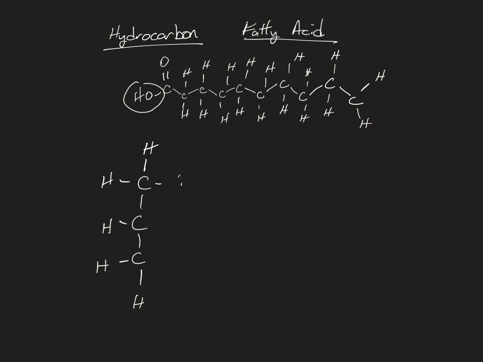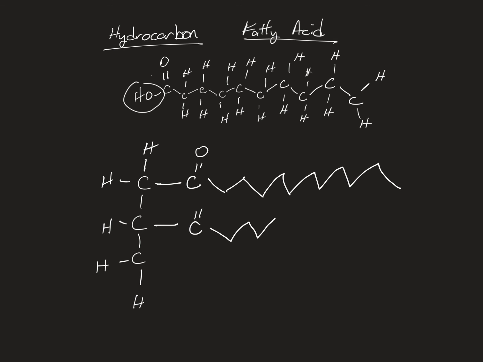We can link them together and take water out using dehydration synthesis, and we can connect this chain. I'm just going to put a chain like this, a chain of hydrogen and carbon, and we can do that at every turn. Now, sometimes these carbons have double bonds.